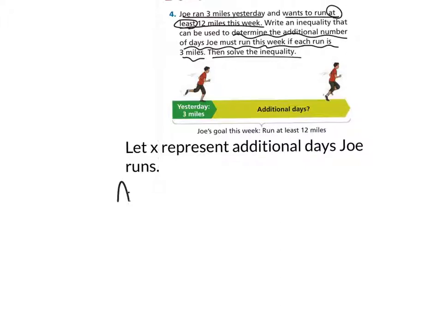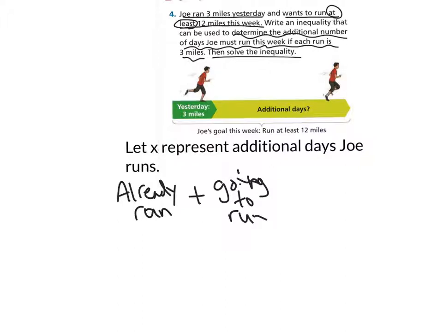So we could think about what he's already run, how far he's already run, and then plus what he's going to run. And then he wants at least 12 miles. At least 12 miles total.